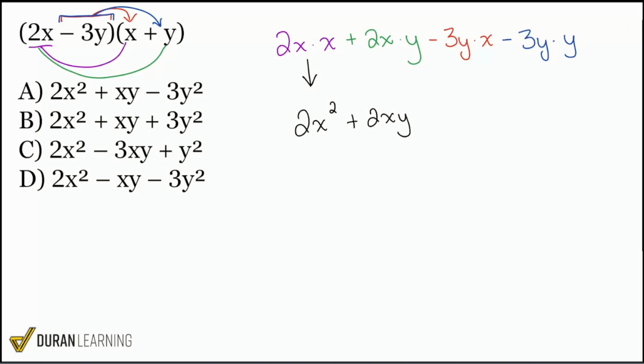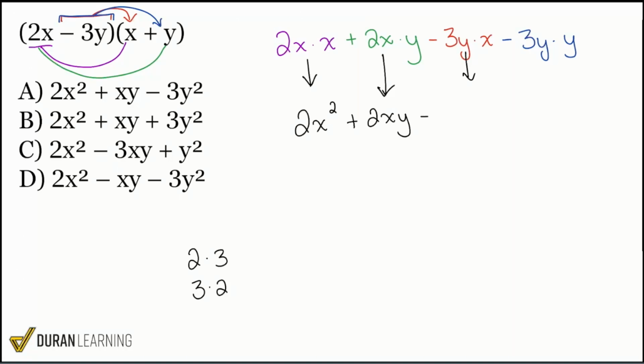Up next, we have negative 3y times x. Everybody, can we confirm in the chat box? Can we confirm that 2 times 3 is the same as 3 times 2? Can we confirm that both of those are the same exact thing? Exactly. Yep, they are the absolute same thing. So what I'm about to do hopefully isn't going to be terribly confusing. I'm not going to write this as negative 3yx.